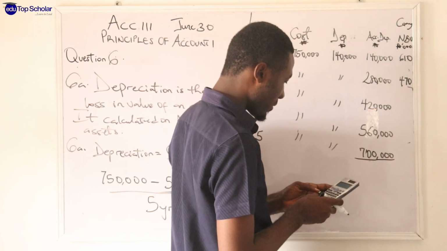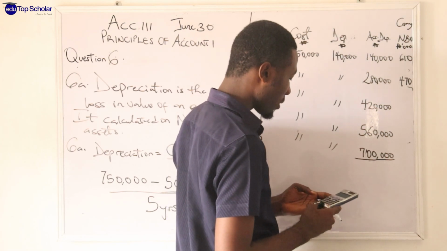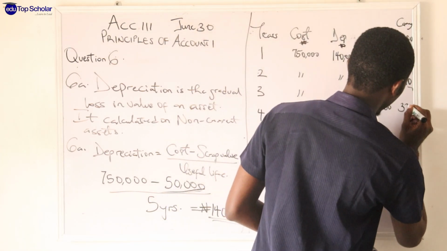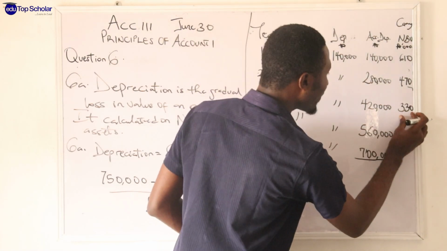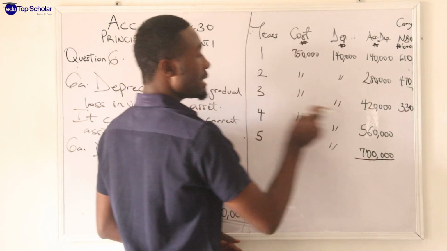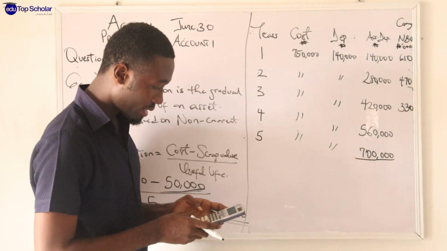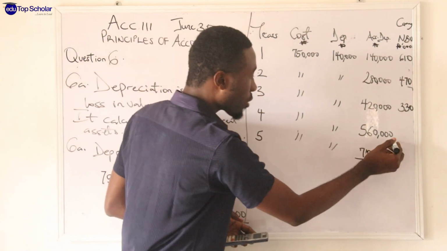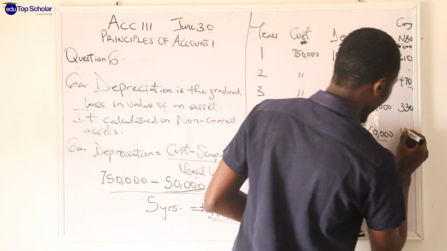So if you also have 750,000 minus 420,000 for the third year, you have 330,000. That is your net book value. That is the value of the asset as at the third year, 330,000 naira. So for the fourth year, you do the same thing. 750,000 minus the accumulated depreciation of 560, you have 190.